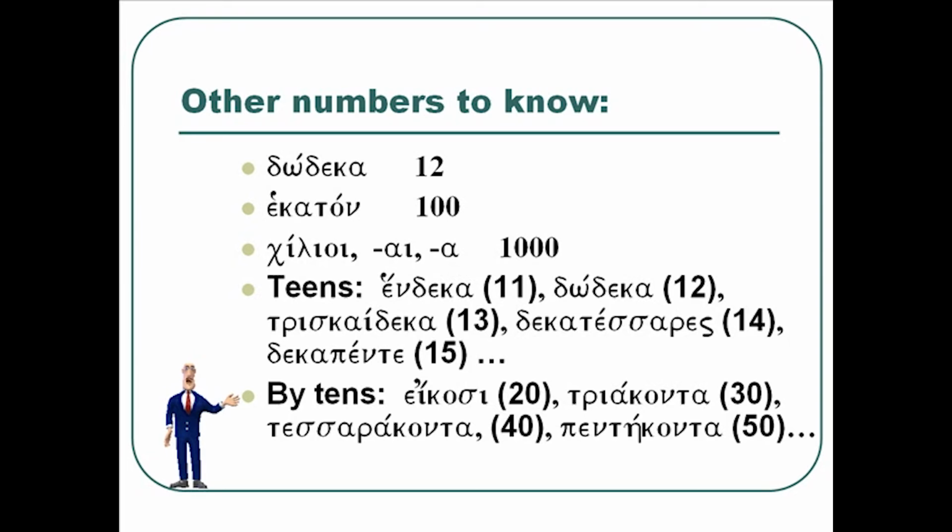And then pentekanta is 50. 5 from the penta, and then the kanta. So that's basically how we put the other numbers together. And these aren't going to be all that frequent, but you just need to be aware of how to count to 10, 12, 100, 1,000, how the teens are constructed, and how you count by tens a little bit.